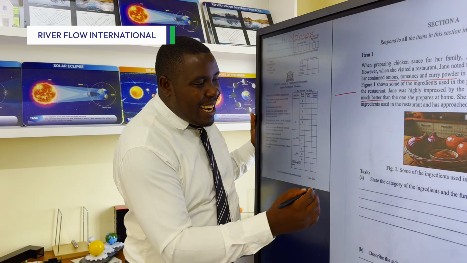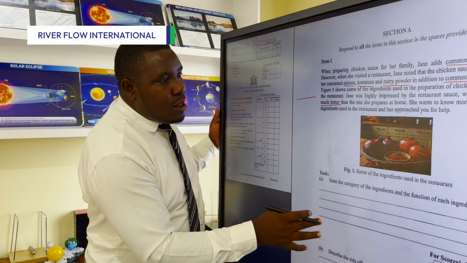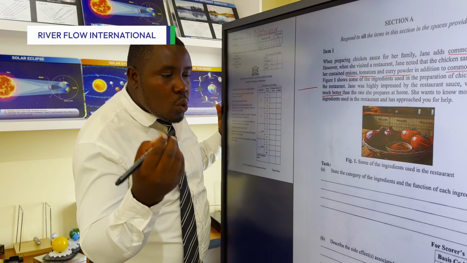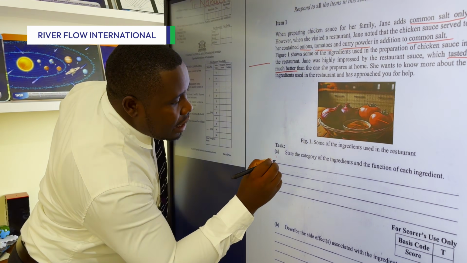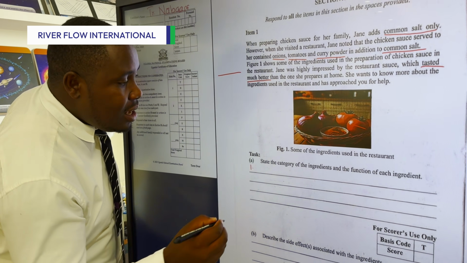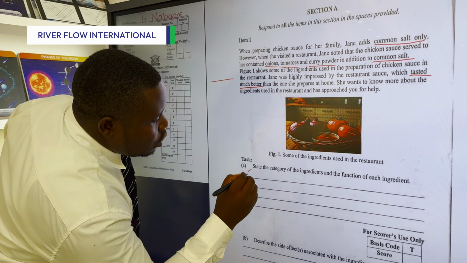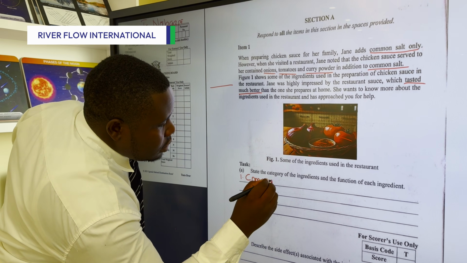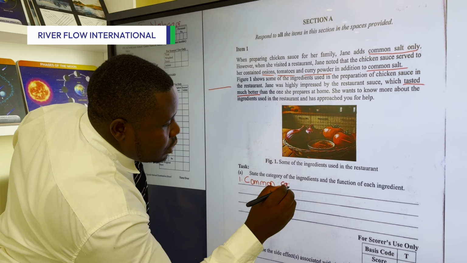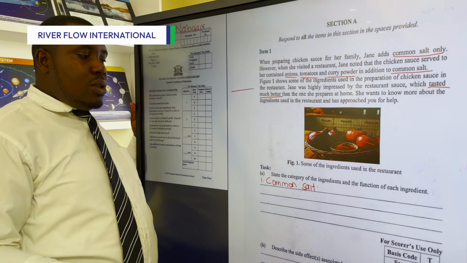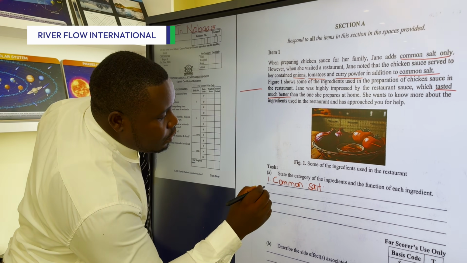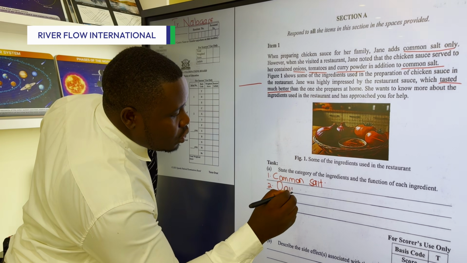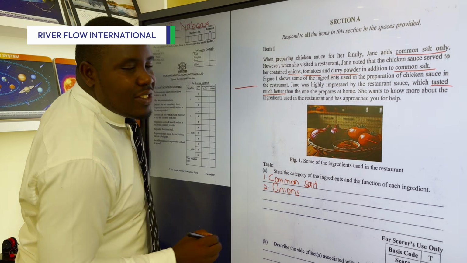Let us start. We are going to start by identifying the ingredients that she saw in the sauce in the restaurant. Number 1, the one she was using at home, which is common salt. But apart from that, she realized in the restaurant they were also using onions.